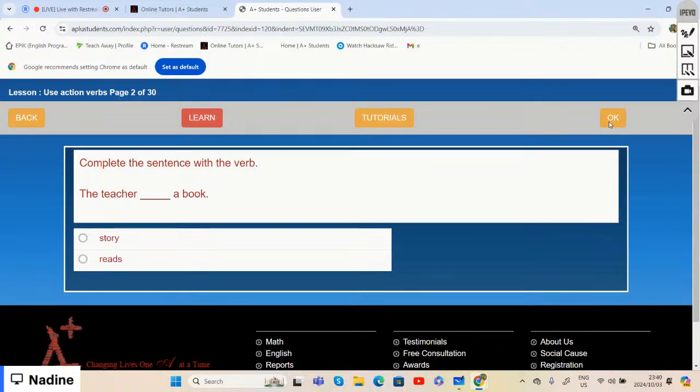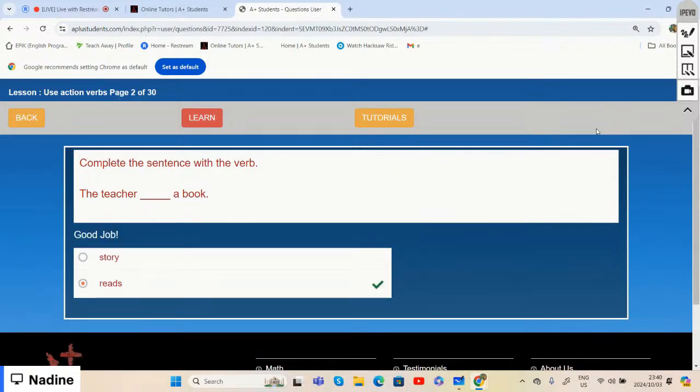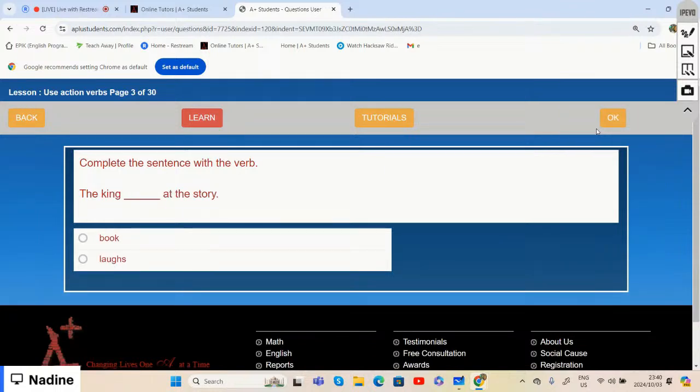All right, so we need to complete the sentence with the verb. The teacher story, or the teacher reads. And if we look at that sentence, we will say the teacher reads a book. So well done. Reads is correct. It tells us what the teacher does.